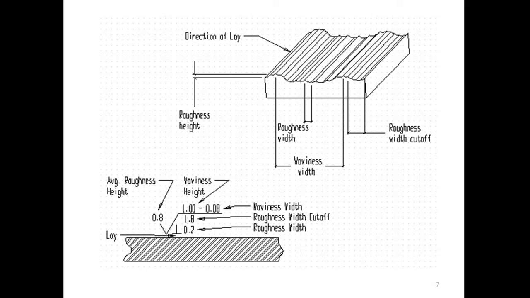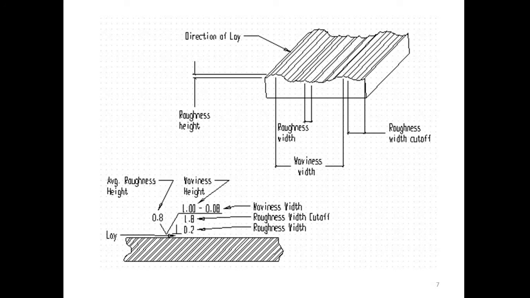From minimum to maximum, that is from valley to peak, or from peak to valley, maximum valley and maximum peak, the waviness height is 1 micron. 0.08 shows the waviness width. That waviness width is shown there, and that waviness width is 0.08.